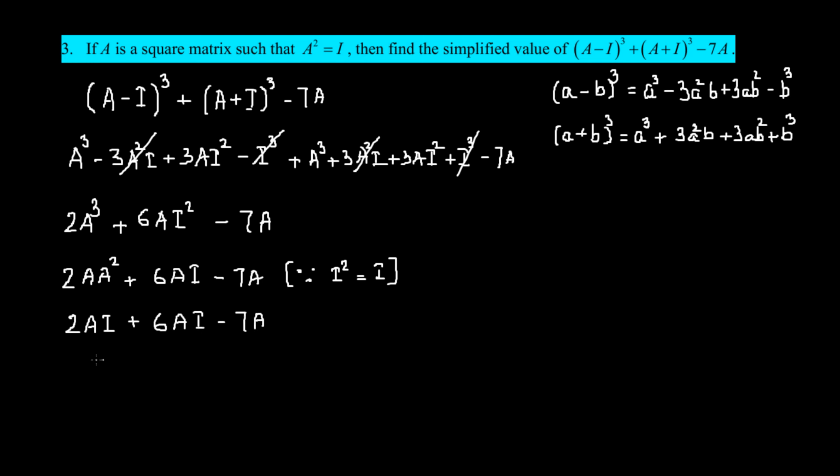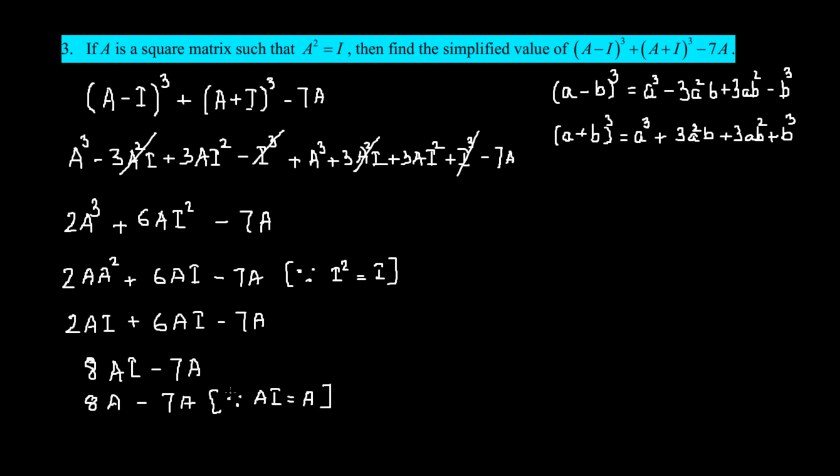So we can add the first two terms, which will give us 8A I minus 7A. Now we know that A times I, that's the matrix multiplied by an identity matrix, gives the matrix itself, meaning we can simply rewrite it as 8A minus 7A, since a matrix multiplied by an identity matrix gives the matrix itself.